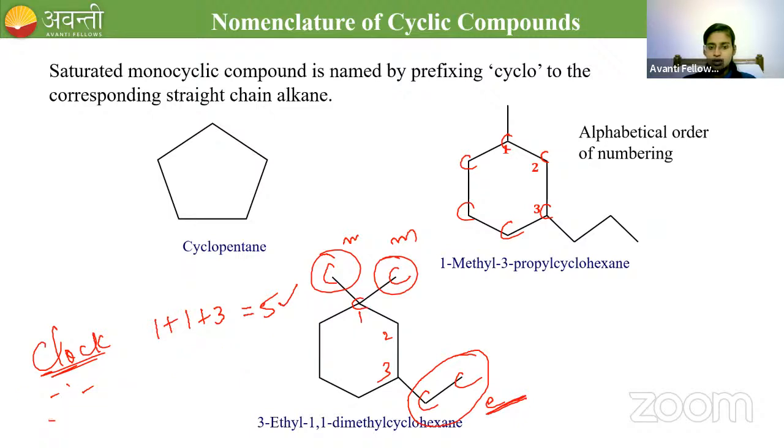Is it clear to all of you? Any doubt? While naming a compound, you have to follow the alphabetical order. While numbering the carbons, you have to follow the locant rule.